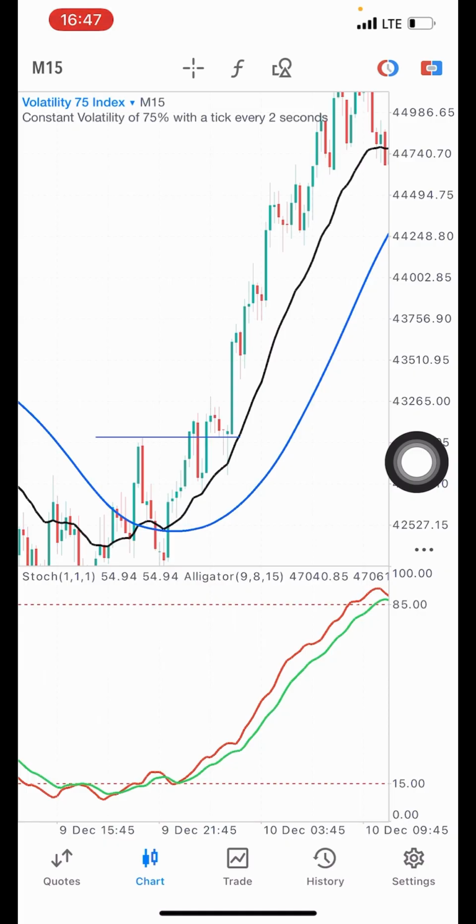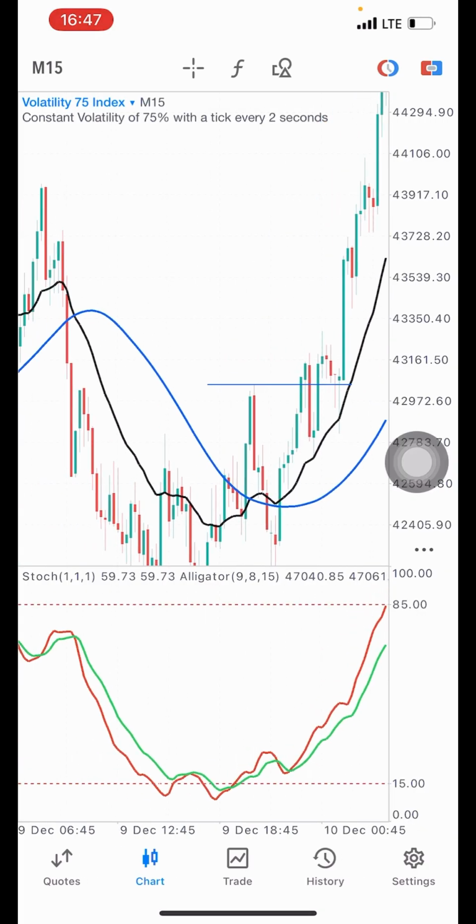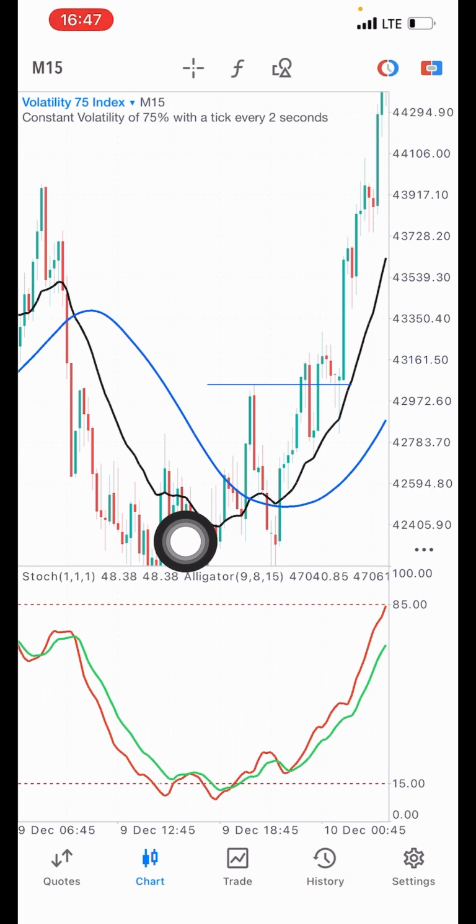Let me go again one more time. First of all, you want to see that these two lines get to the 15 level, and then you want to see the red crossing above the green line. Then on the main chart, you want to see that price has broken above our black and blue line, and come back for retest.